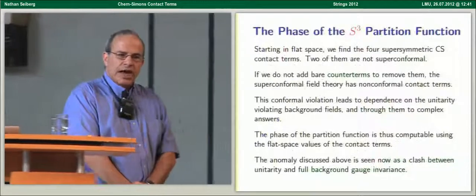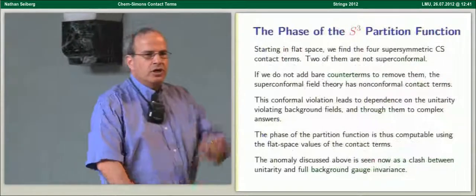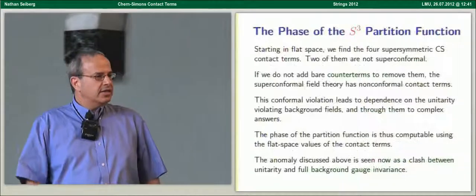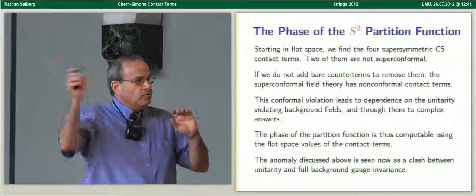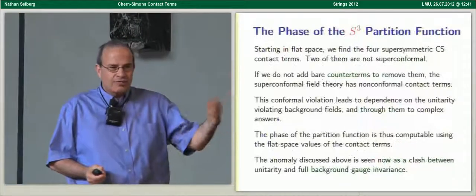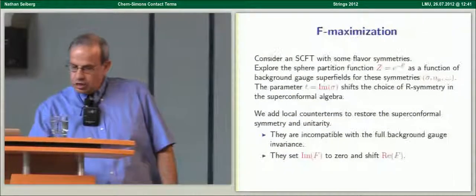So here we see another aspect of this anomaly I mentioned. It's not just a clash between superconformal invariance and full gauge invariance. In this case, it's a clash between full gauge invariance and unitarity, which tells you which one you should sacrifice in a more obvious way. You should really sacrifice the invariance under large gauge transformations.